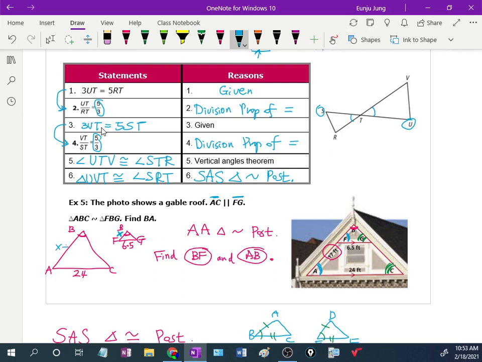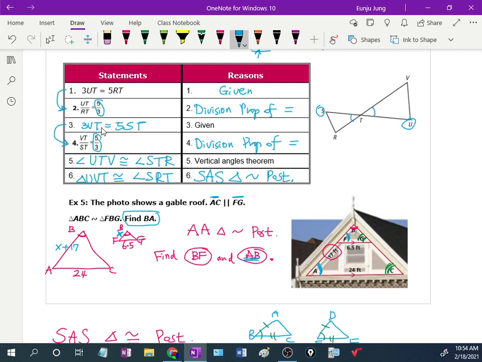X and 17 together, right? So use the unknown part to find your answer. But when I answer the question, I will answer BA, which is AB whole length, okay? So I will add 17 on the X value.